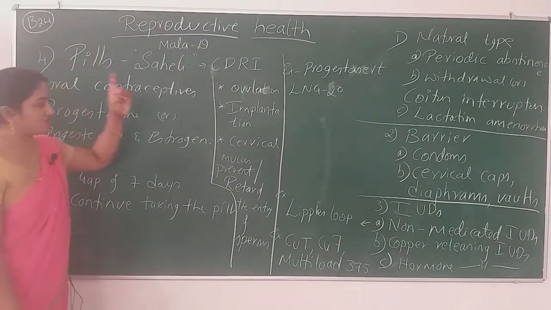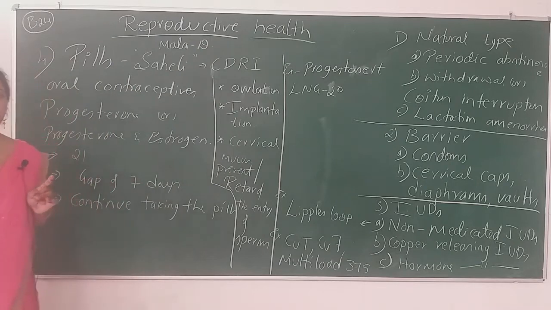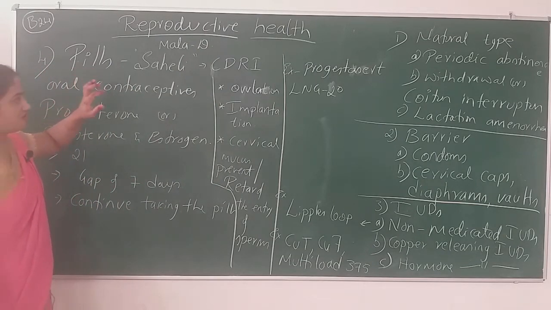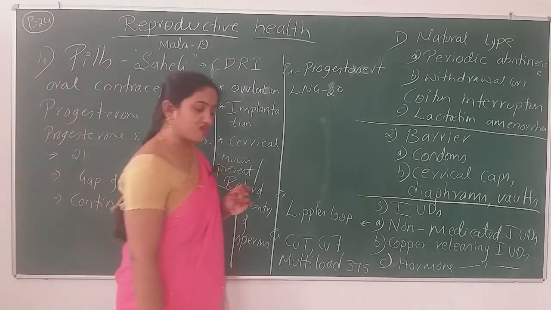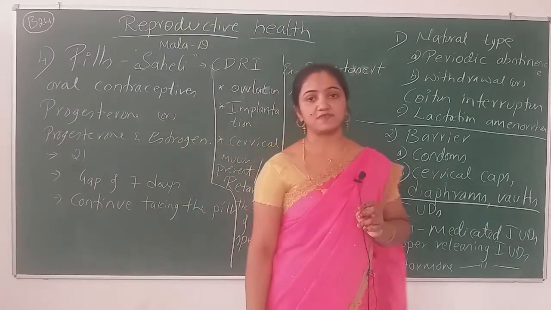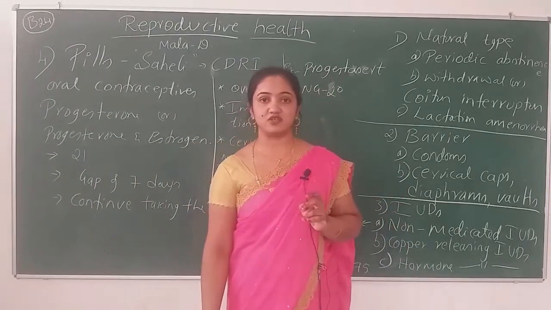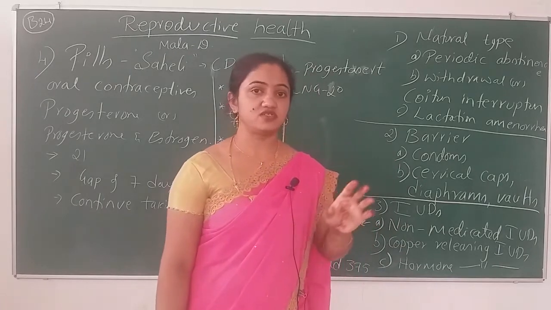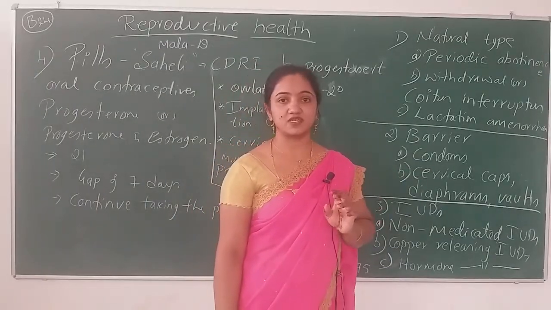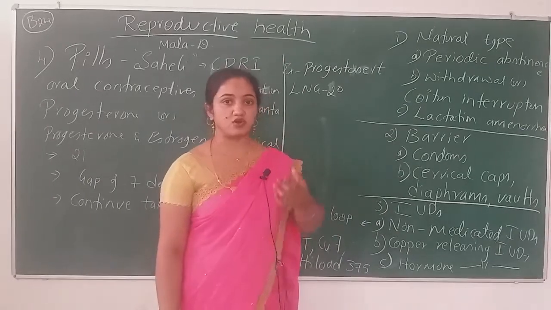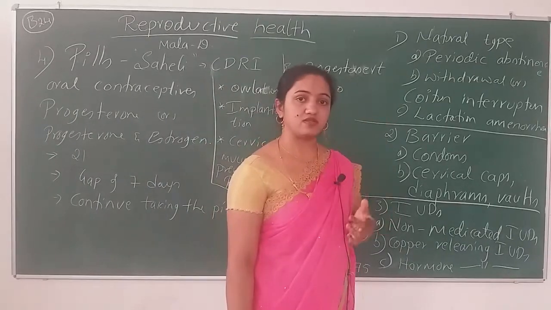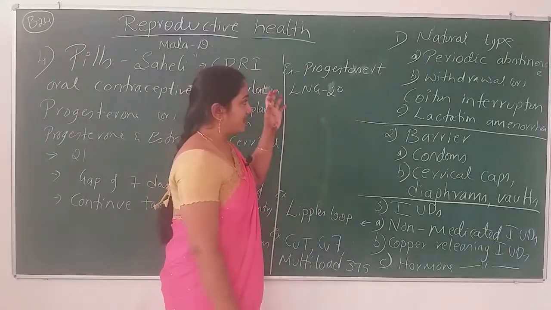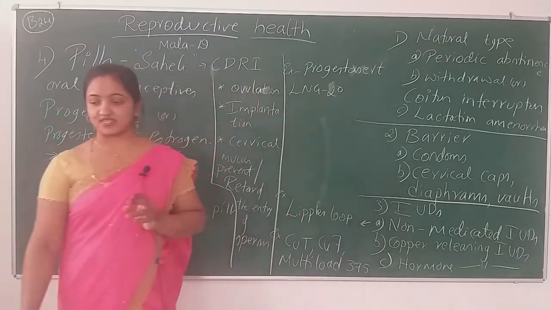So this is all about the oral contraceptive, the fourth type of contraceptive. Contraception means prevention of fertilization. Some categories are there, some types are there, by adopting which the female or the male can avoid fertilization.